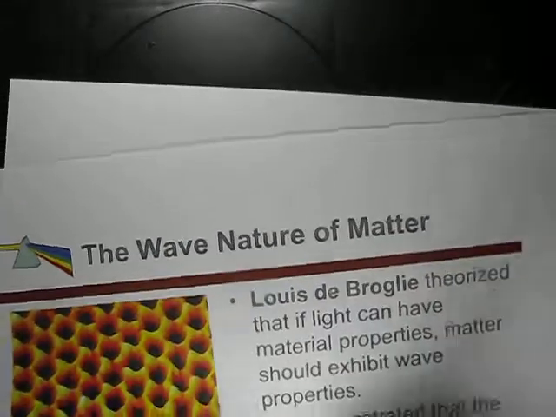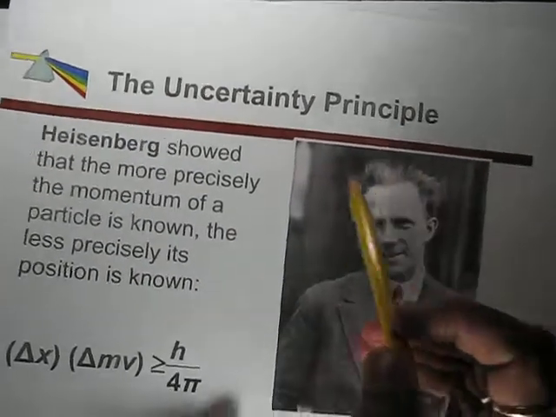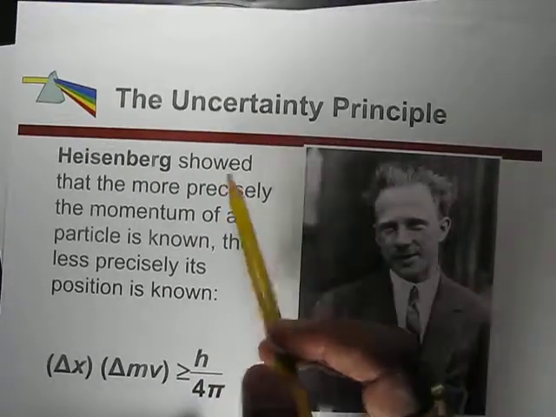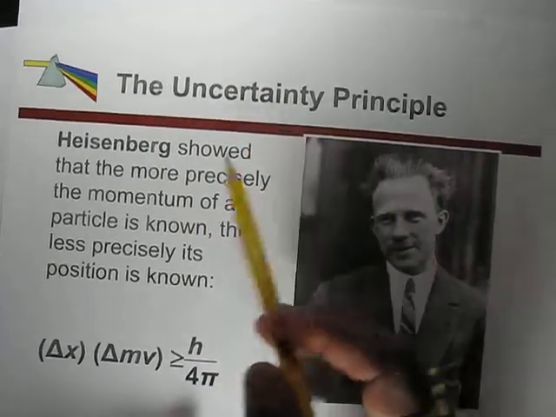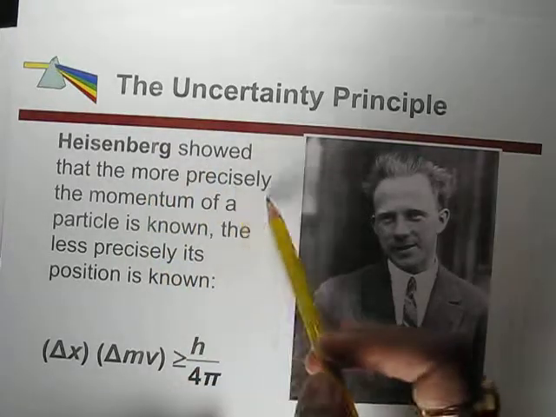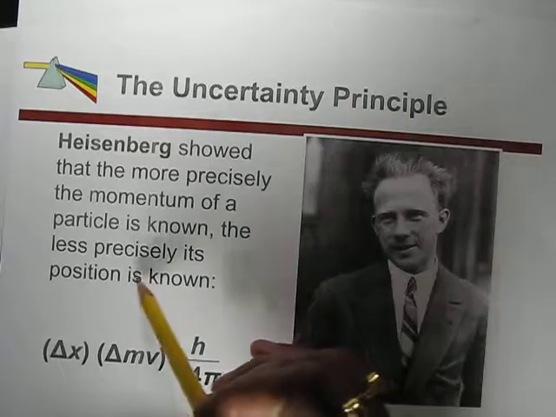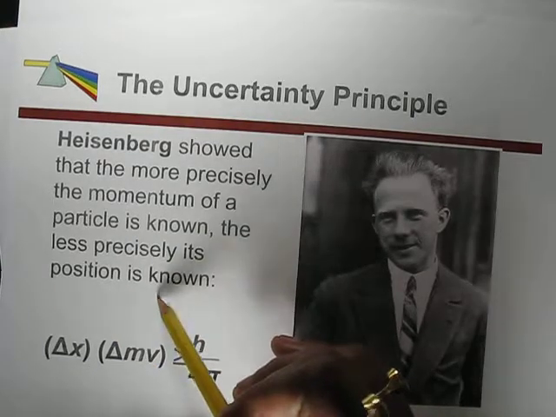So this was the initial start of quantum mechanics. And then there was one more scientist, Heisenberg, who gave the uncertainty principle, showing that the more precisely the momentum of the particle is known, the less precisely its position is known.